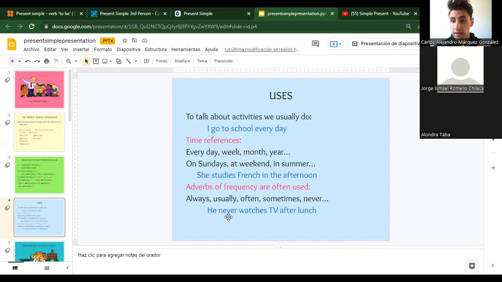We place the adverb never before the verb, which is watches, okay? And remember that the original verb is watch, but we are conjugating this verb with he, okay? So we add a letter S, okay?